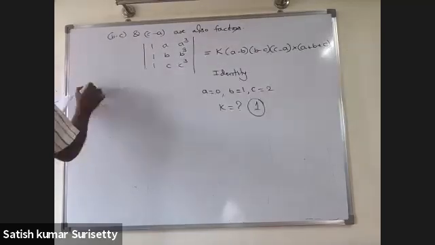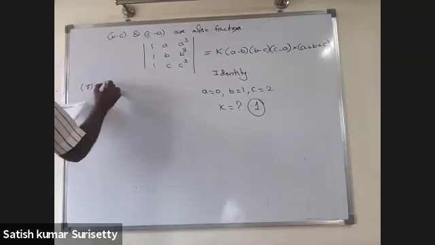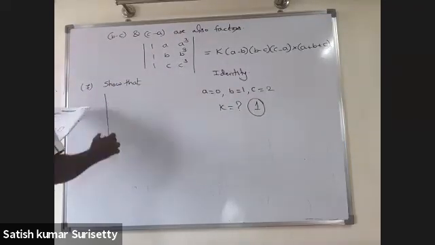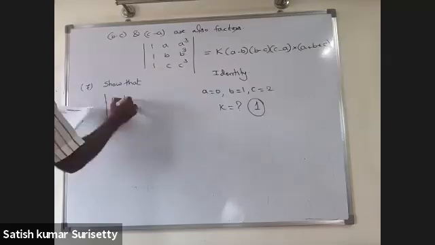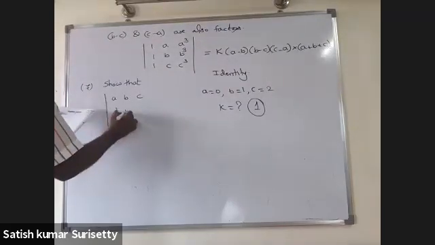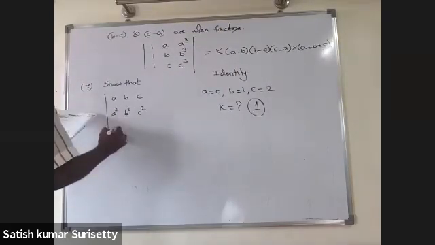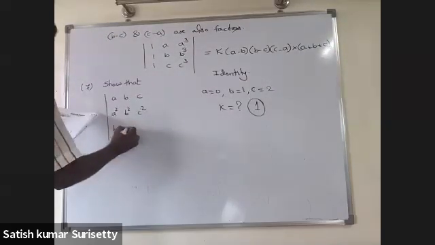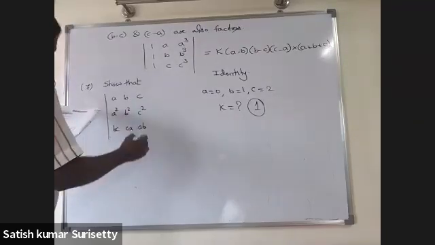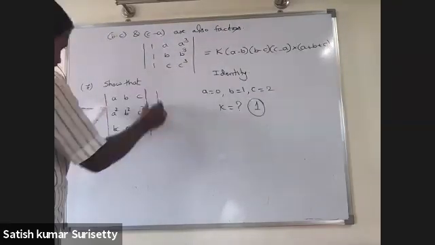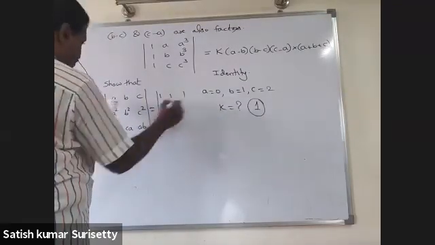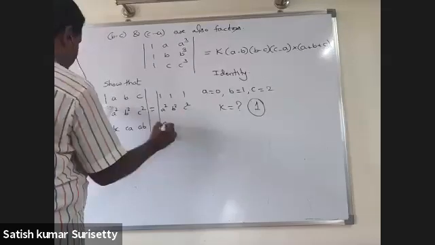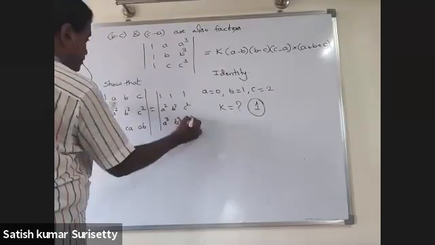Next, 7. Show that determinant of A, B, C, A square, B square, C square, BC, CA, AB equal to 1, 1, 1, A square, B square, C square, A cube, B cube, C cube.